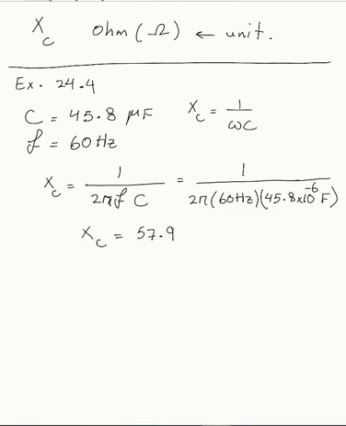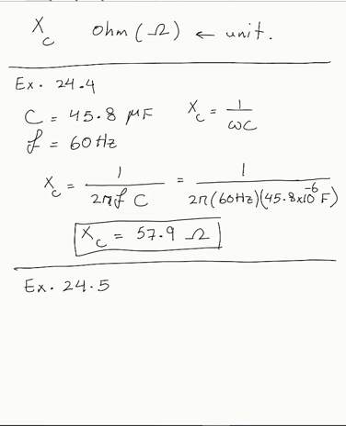If you calculate this, you get X_C to be 57.9 ohm. Again, the unit for the capacitive reactance is ohm. Once you know this X_C, then you can find the current if you know the voltage.